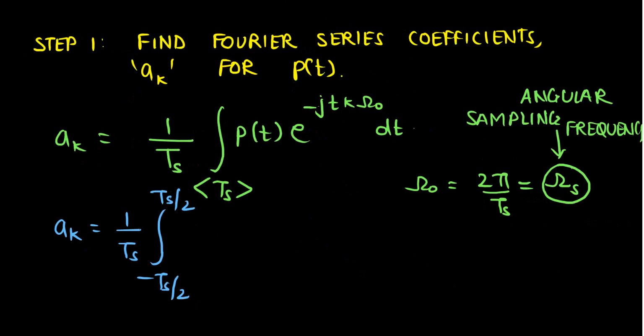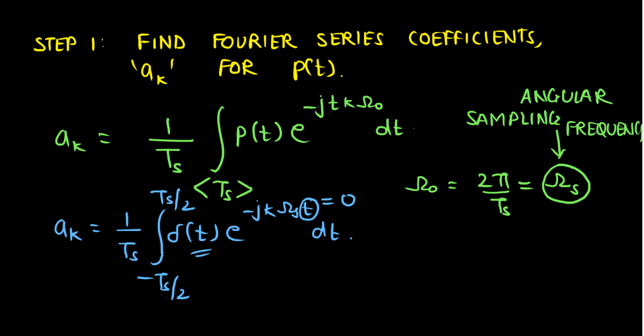So what we have is del of t into e to the power minus j k omega s t dt. Now again, using the shifting property, t takes the value 0 because this impulse is located at 0.